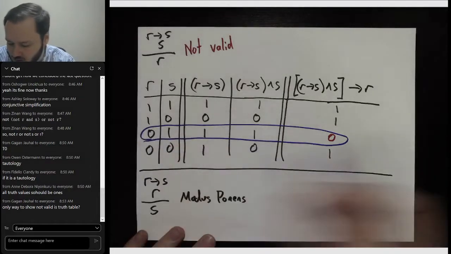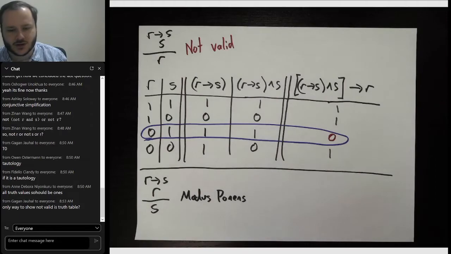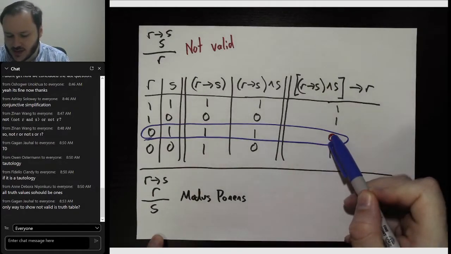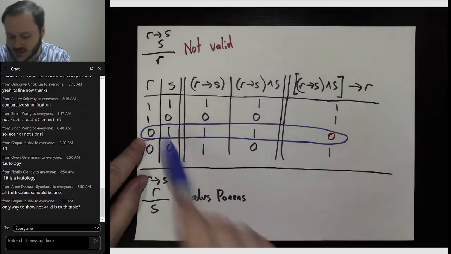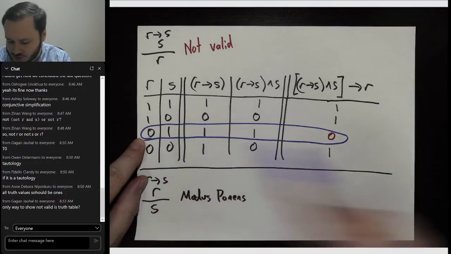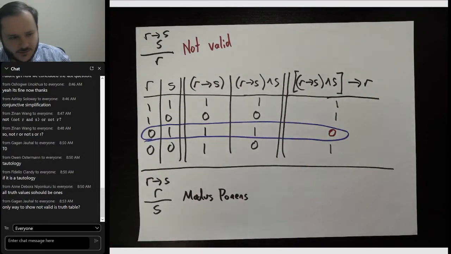So all we really needed was this one line. If even one line in a truth table is false, that means your argument is not valid. So really good question. As long as we said the assignment R is false, S is true, makes the statement false, and we showed our work, that would be enough.